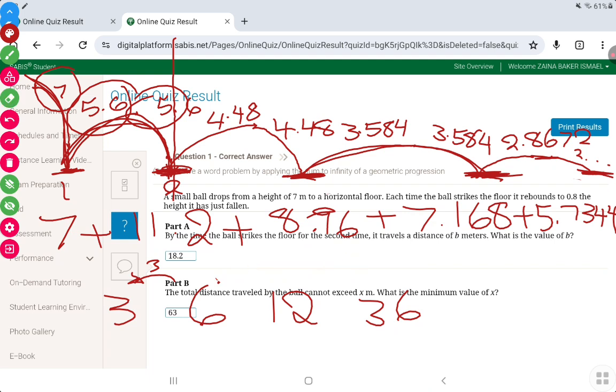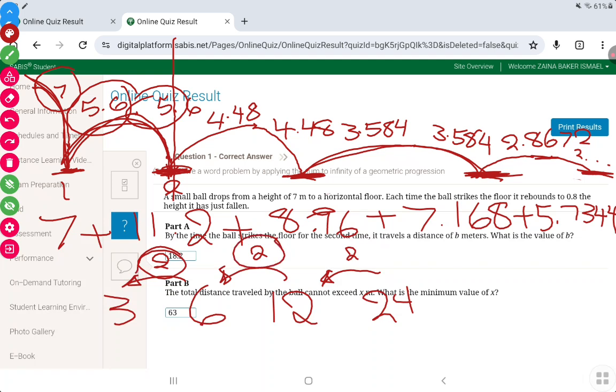But if you divide each number by the number before it, 6 divided by 3, you get 2. 12 divided by 6, you get 2. 24 divided by 12, you get 2. And so on. So when you multiply by the same number every time, that makes a geometric progression. And this number that we multiply with every time is called our ratio, okay?